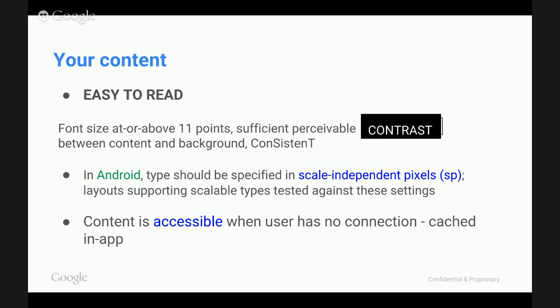Do you have sufficient contrast between your content and background? Then make sure that your font size is at or above 11 points. This is really, really crucial. It's so easy to fix, but so many advertisers have it less than 11 points. So just make sure you talk to your designers so that they fix it if it's not fixed yet.